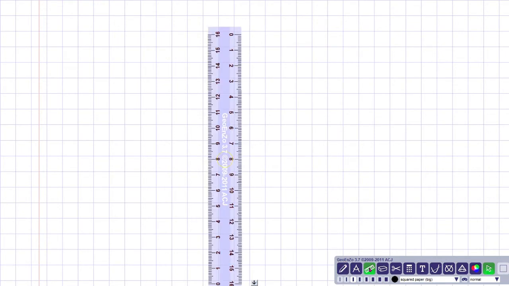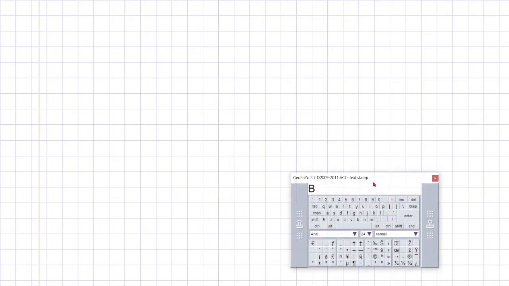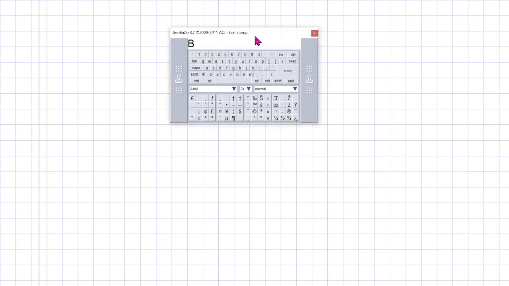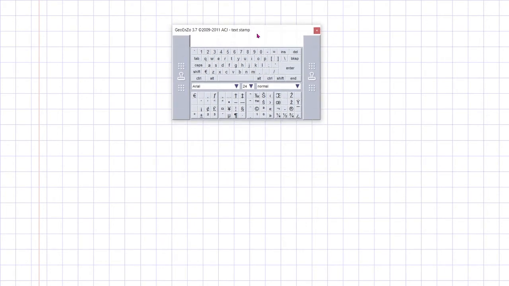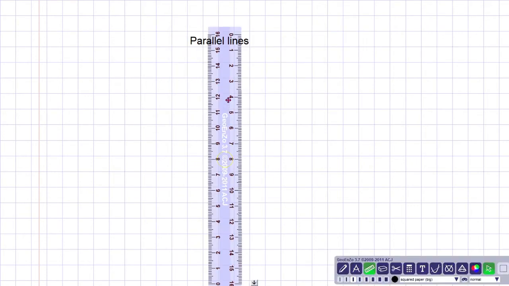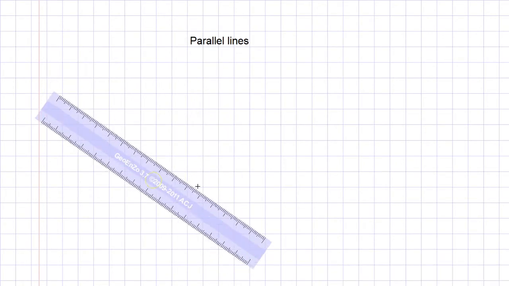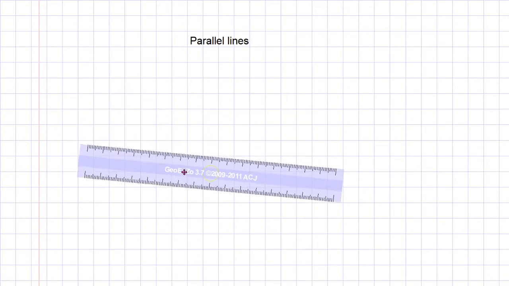What is the third one? The third one is parallel lines. Parallel lines. You can draw parallel lines using a set square.